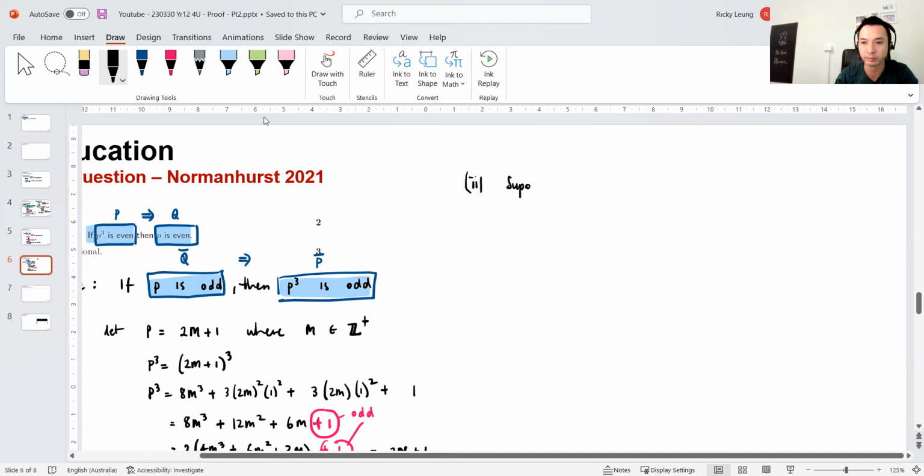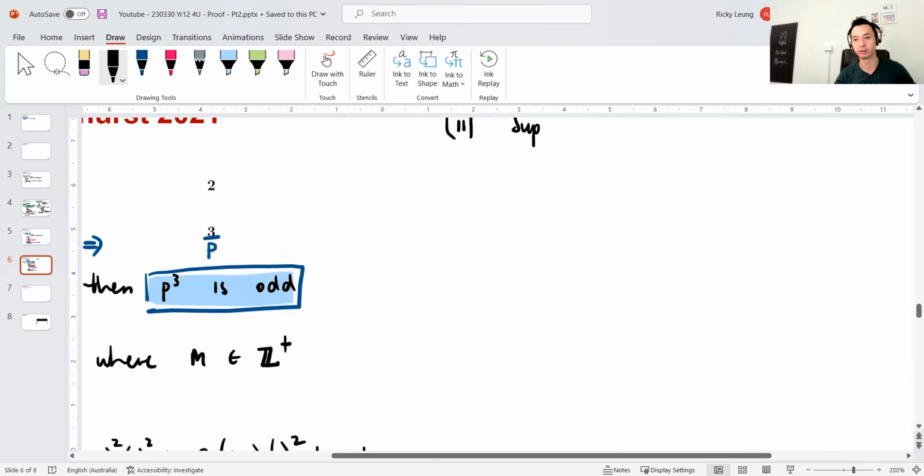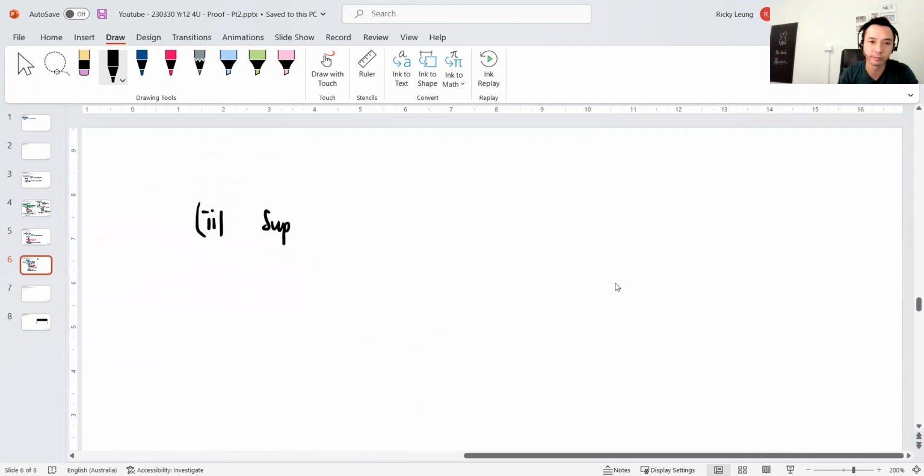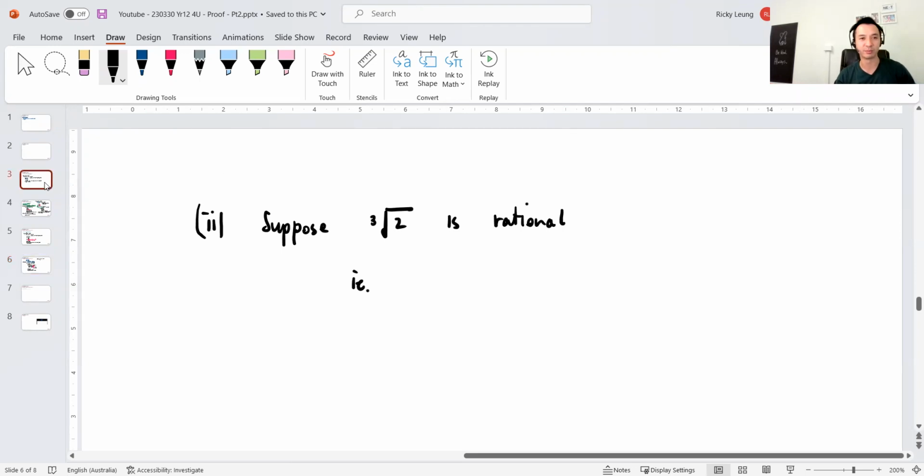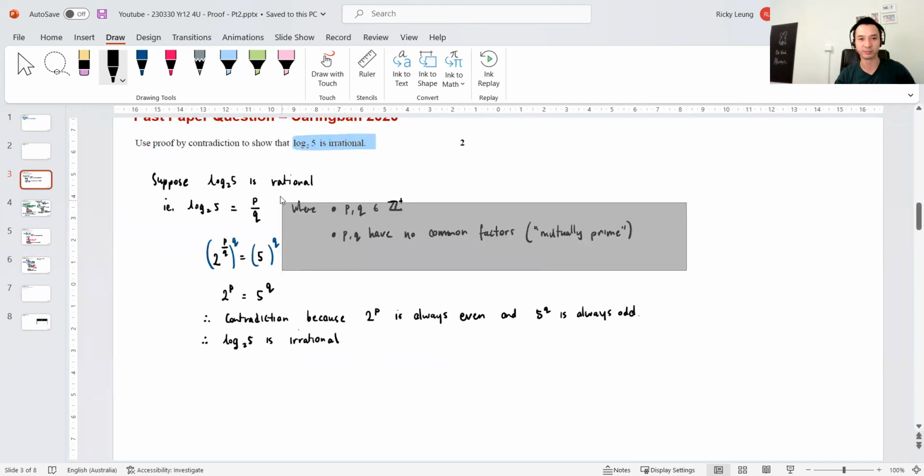Suppose that the cube root of 2 is rational. Once again, guys, I'm going to borrow the same copy and paste if that's okay with you.